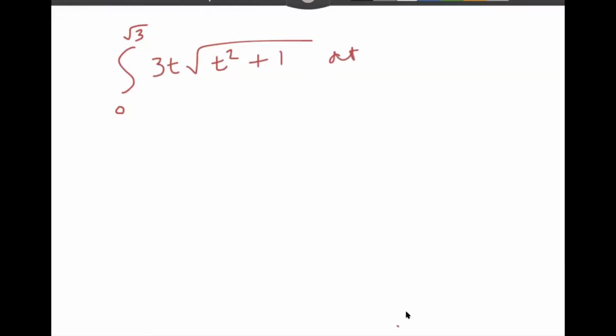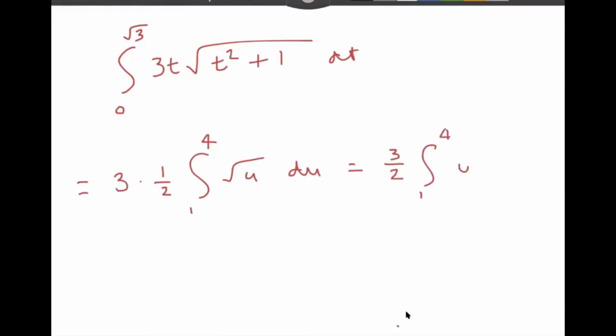Okay, so that's now going to be 3 times 1/2 times the integral from 1 to 4 of the square root of u du. In other words, 3/2 times the integral from 1 to 4 of u to the 1/2 du.